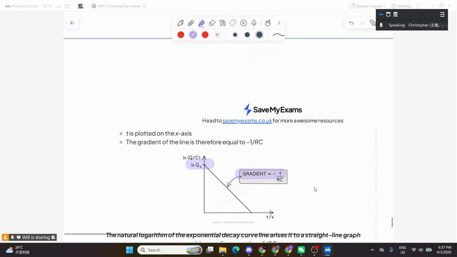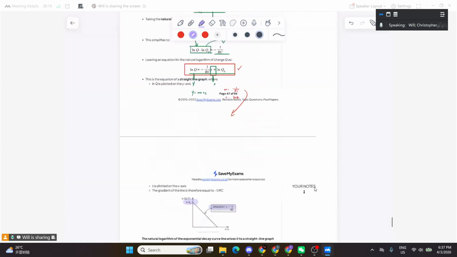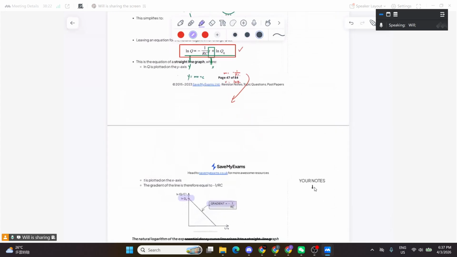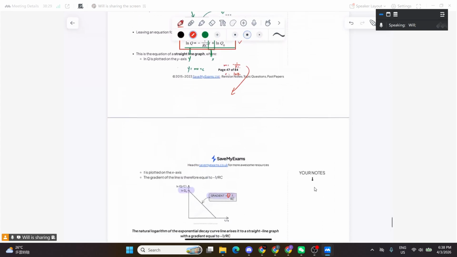So remember the formula. And the straight line's gradient is negative, because here is the negative, right?